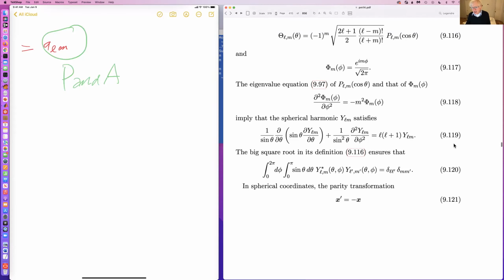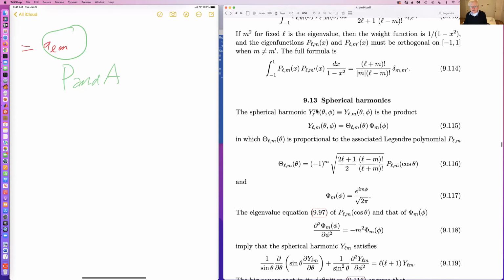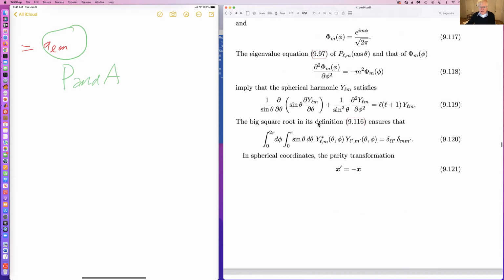The spherical harmonic satisfies this equation that occurs over and over again in quantum mechanics classes and also in electrodynamics classes. The big square root here gives us orthonormality in L and M for the spherical harmonics. So the spherical harmonics are these Y's.